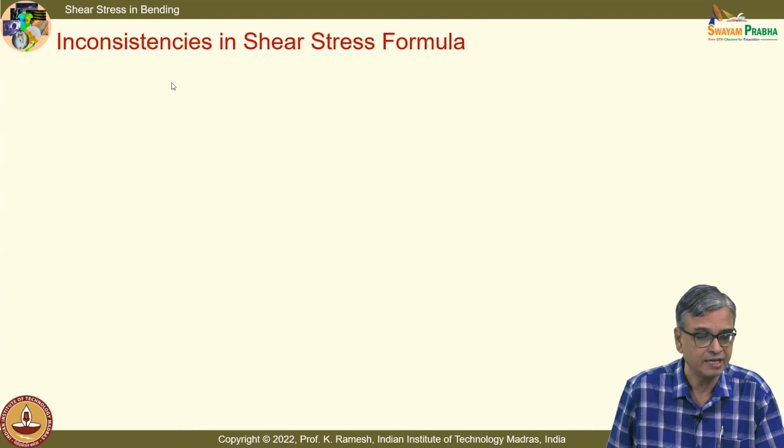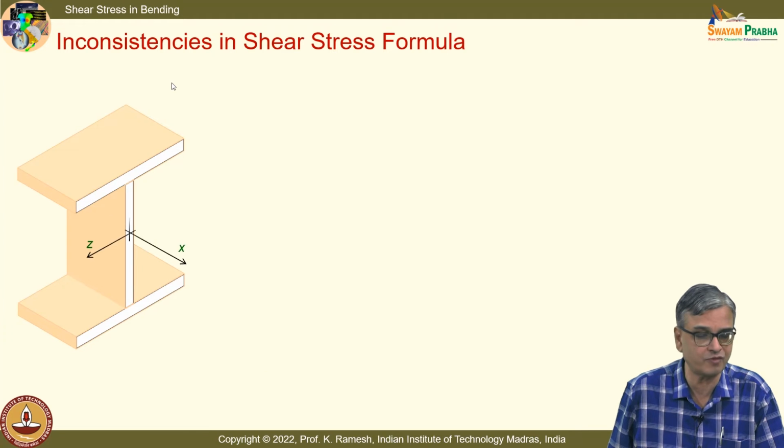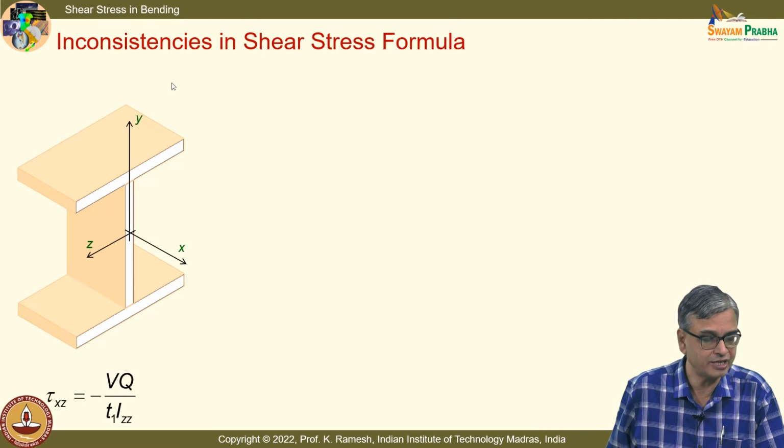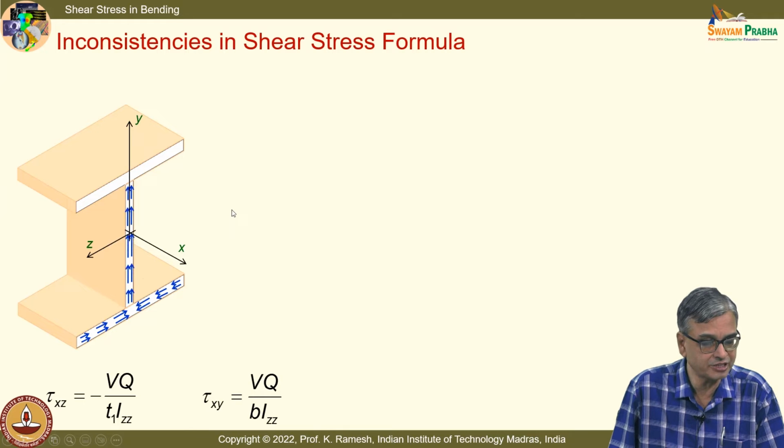And we have also looked at the inconsistencies in the shear stress formula. You have an issue when I have it in the junction. Nevertheless, we use these expressions because we get numbers reasonably for us to play with.